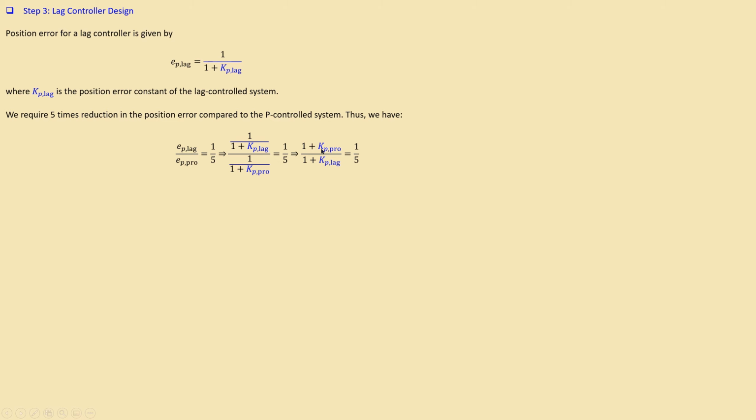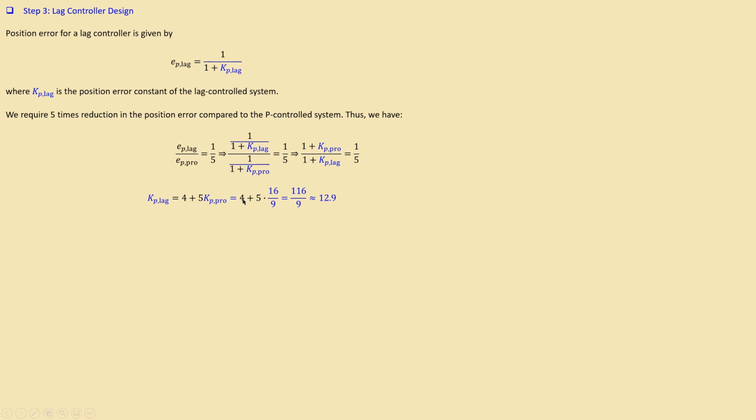I know this already from the previous discussion. I can then say that the position error constant of the lag control system must be 4 plus 5 times the position error constant of the proportional control system. This is just the math, you rewrite it and you get this expression. If I substitute for Kp,pro, I will have the value 116 over 9, which is approximately 12.9.